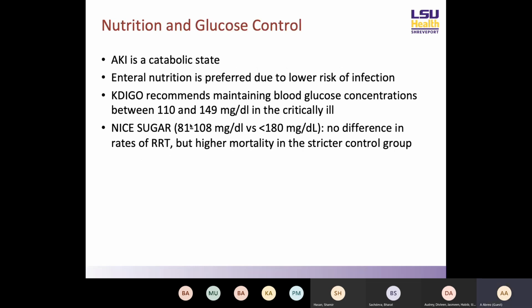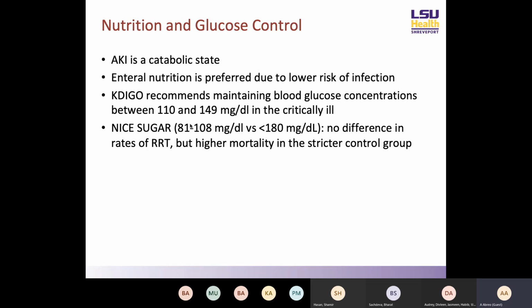Finally is nutrition and glucose control. AKI is a catabolic state, so you want to make sure that the patient's receiving adequate nutrition. We always prefer the enteral route because of its lower risk of infection.